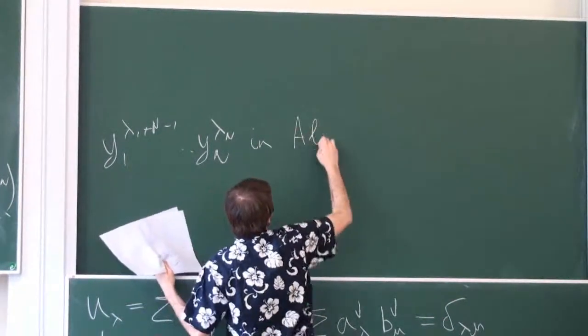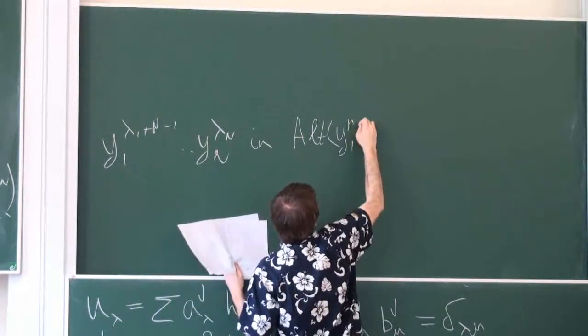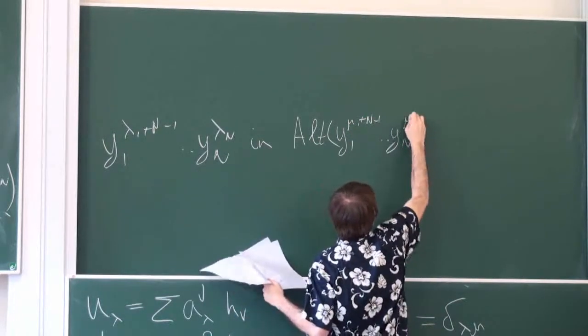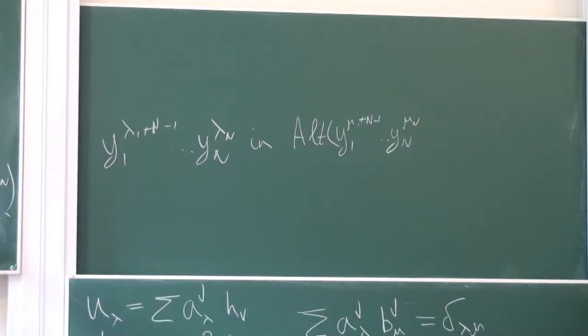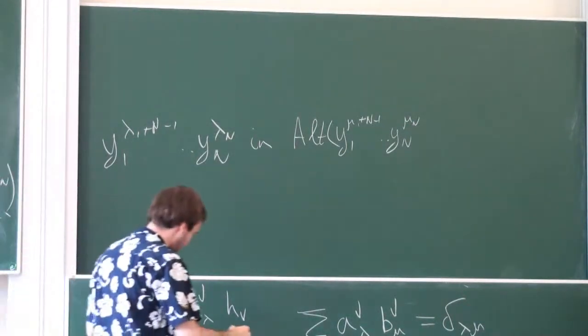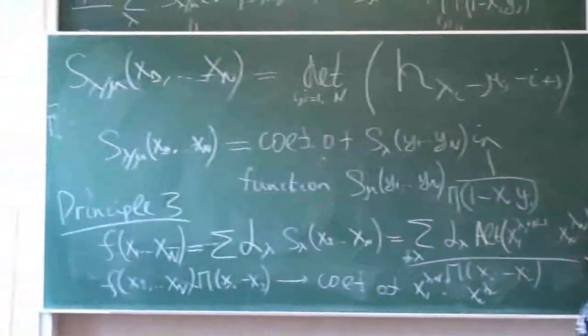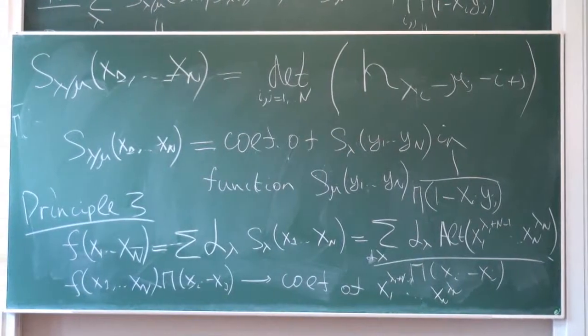We take the first alternant x1 to the mu 1 plus n minus 1, ..., xn to the mu n. This is a factor coming from the Schur polynomial. And then this product we will again expand using the generating function for h functions.